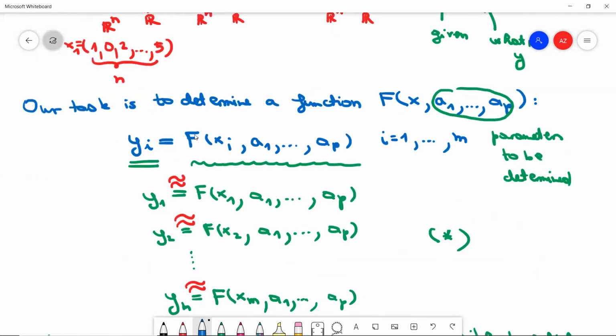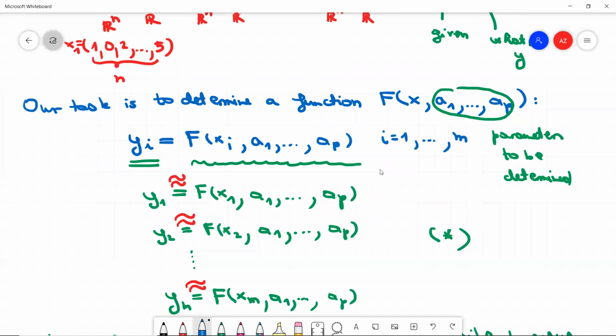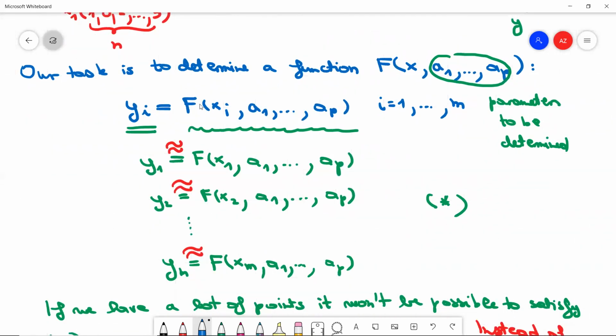We have chosen it in a way that it's linear. That means that f is of the form a1 phi 1 of x plus a2 phi 2 of x and so on. And then we get this system star for this specific f. And since f is linear, we can write this system in the matricial form. And this will allow us to use matricial techniques to solve such a system.